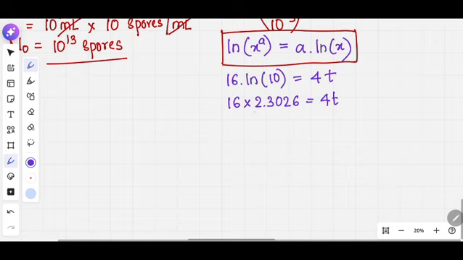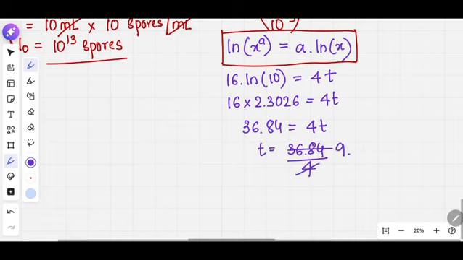Multiply this, so we get 36.84 is equal to 4 times t. So t will be 36.84 divided by 4, which is 9.21. t will be in minutes.